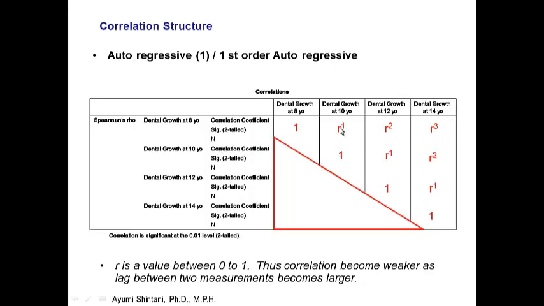So you allow the model to weaken correlations as the distance between two time points gets larger.